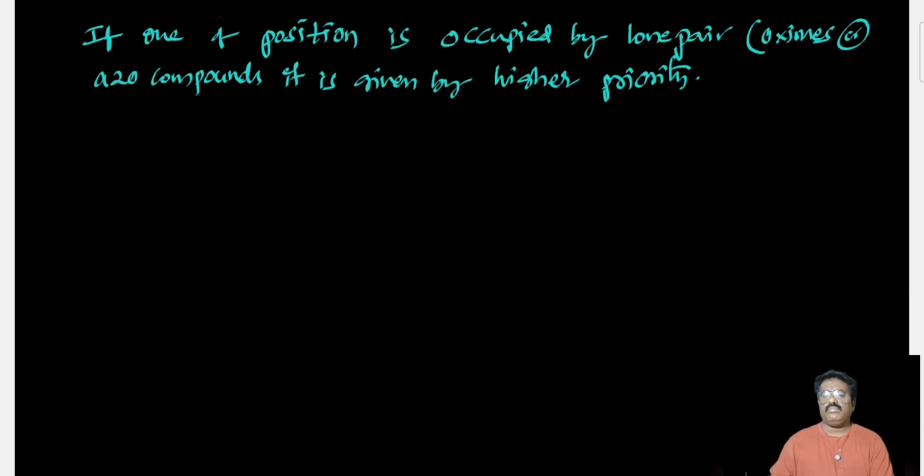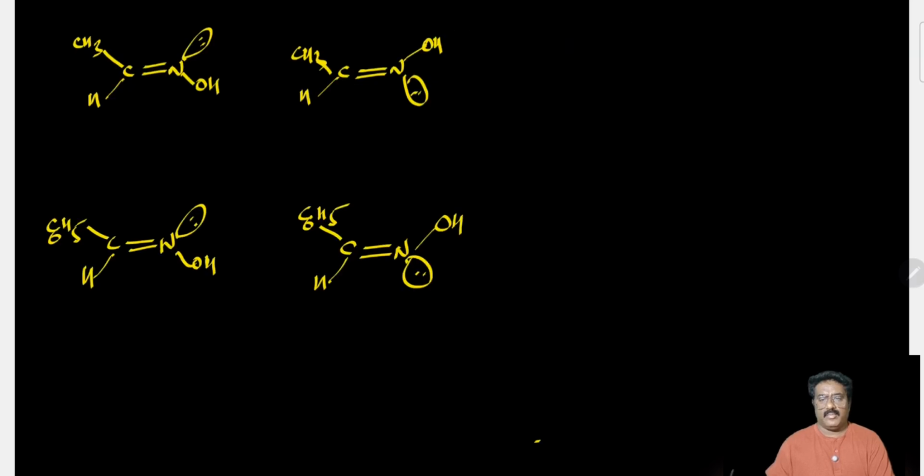If one of the positions is occupied by a lone pair, like in oximes and azo compounds, it is given high priority. See, look at examples. Carbon double bond with nitrogen means oximes. In oximes we can use syn and anti. What is syn? See, carbon double bonded with carbon, hydrogen atom and OH on the same side, that is syn.